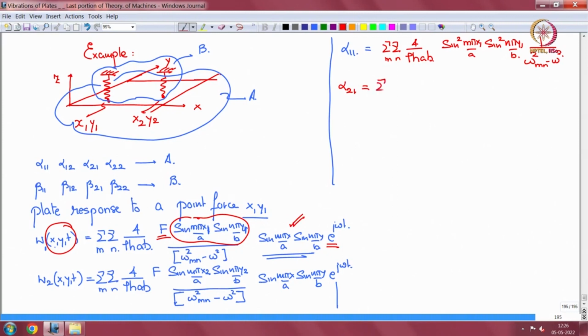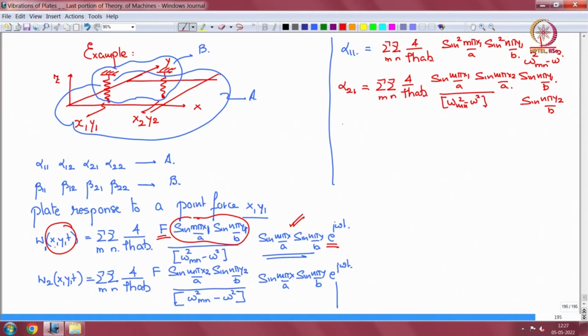So then we have summation mn 4 by rho h a b sine m pi x1 by a sine n pi y1 by b, sorry, sine m pi x2 by a, and then lastly sine n pi y2 by b, and the frequency omega mn square minus omega square.